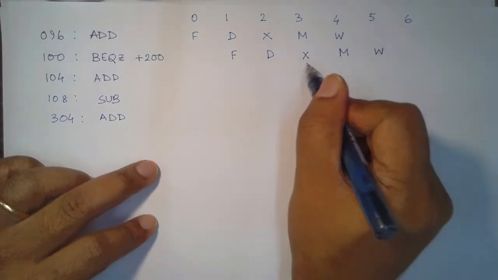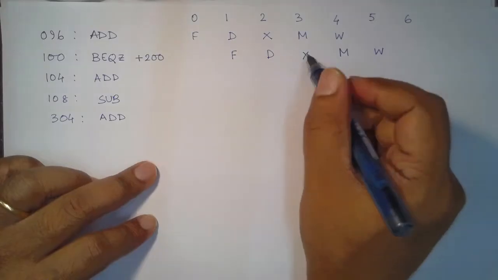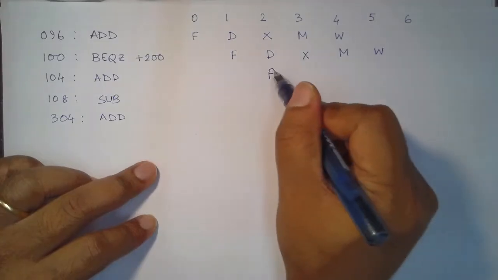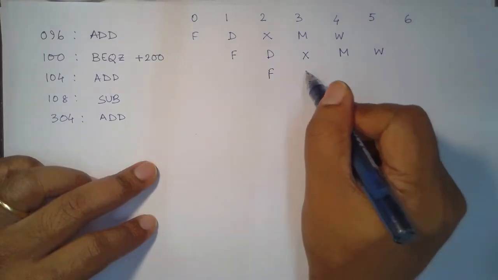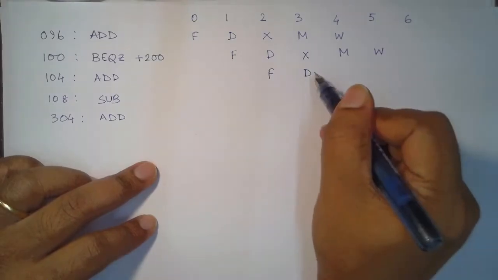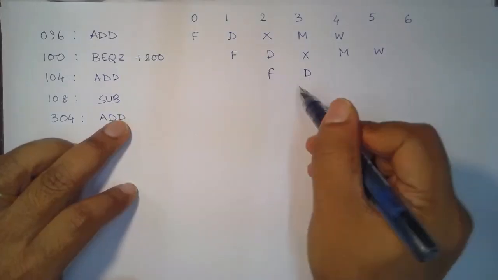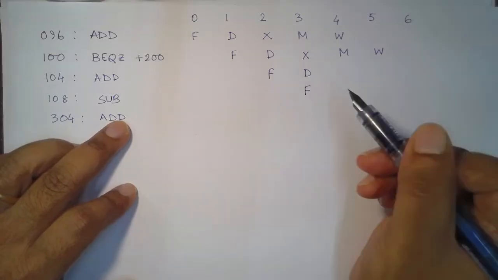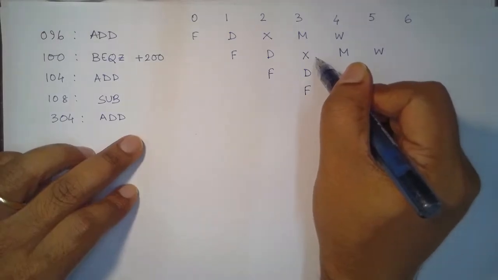Now by the time you figure it out in the execution stage, you have already fetched this instruction. You will even be reaching the decode stage for this instruction, and the next instruction, which is at location 108, will also be fetched. So after this stage you will realize that, let us say, the branch is taken.